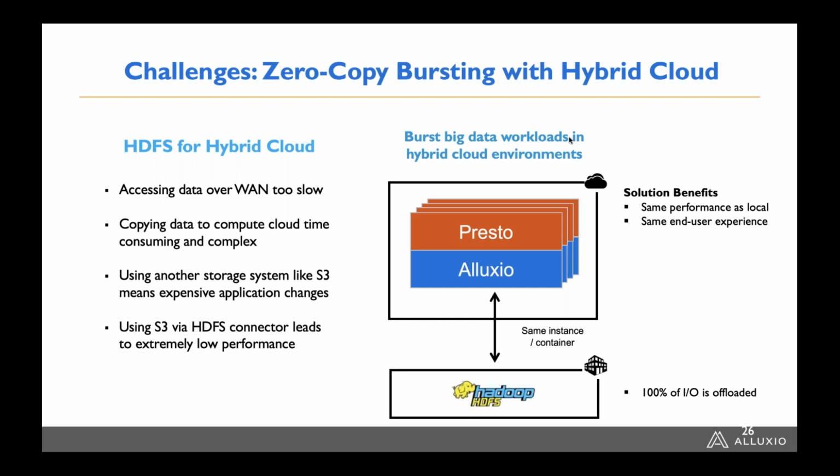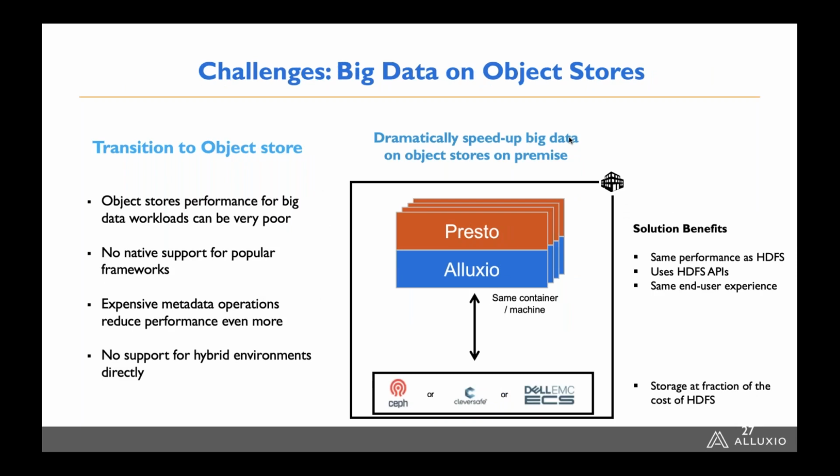So your applications like Presto and others do not need to read the data repeatedly across the wire, which can be expensive too. The last case is big data on object store. We see a trend: a lot of HDFS use cases are in transition to object store, which is more scalable, more friendly to small files, and also cheaper.